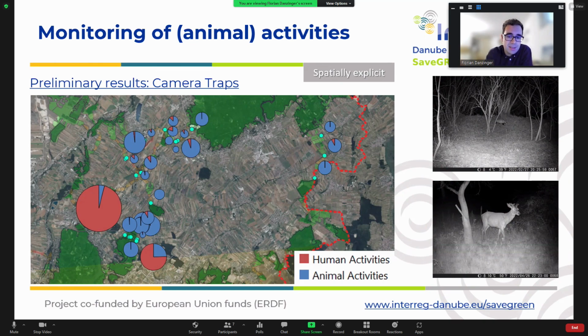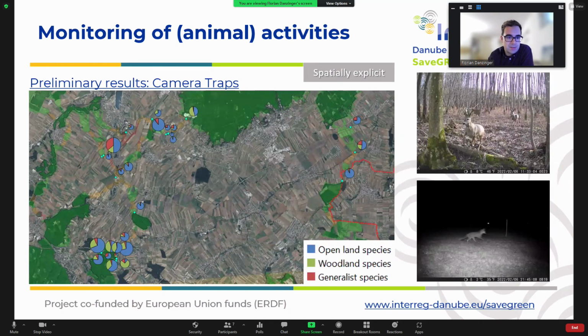So here you can see, again, the human versus animal activities all over the region for all the sites. The size of the pie chart is related to the total number of activities. So, for example, these two very big pie charts, there the human activity was so high that the pie chart is also covering this much area.